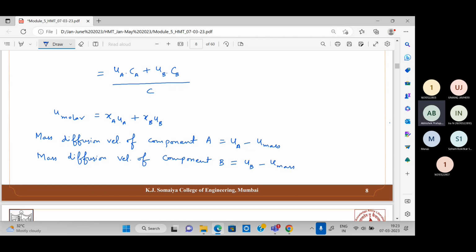In a similar fashion, the molar diffusion velocity of component A. The molar diffusion velocity is the velocity of the component relative to the molar average velocity of the mixture.